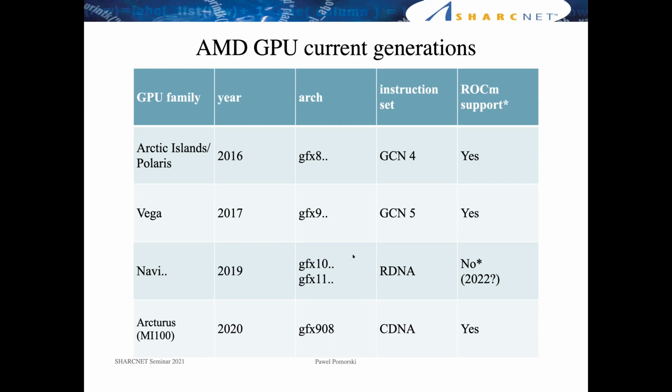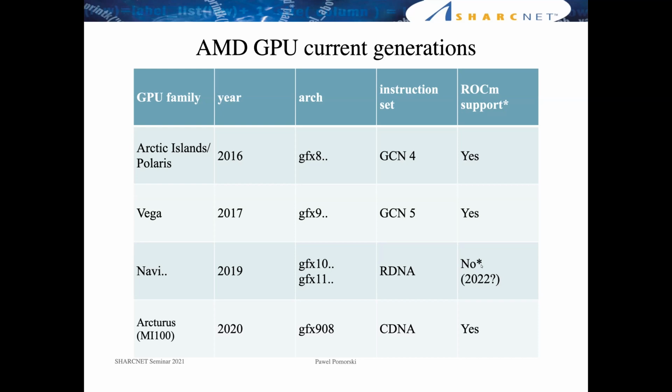The interesting and unfortunate fact is that for the Navi generation, which is the latest set of AMD GPUs and their main GPU line, ROCm is not fully supported. I put a star there because officially it's not supported, but in practice, to a certain extent it is, because we have been able to test ROCm programs on Navi cards.